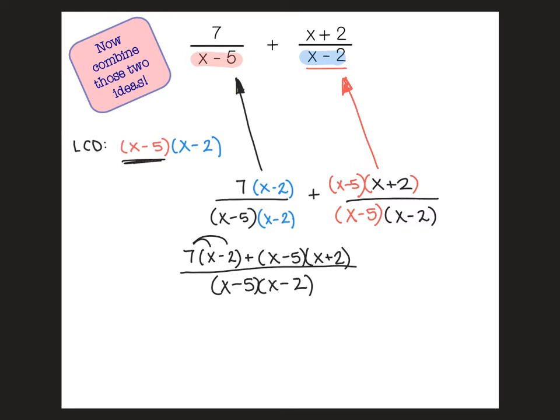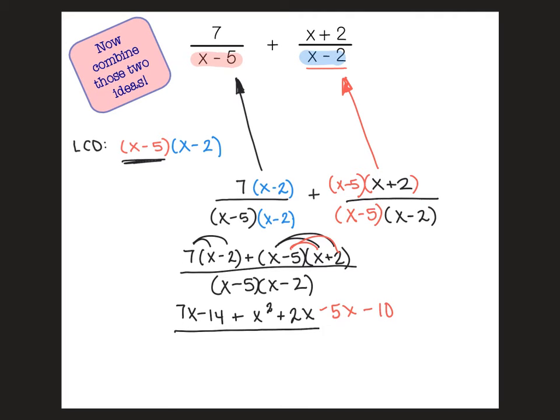So you would distribute your 7, and then you would distribute over here twice. So this would be x times x is x squared, x times 2 is 2x. Negative 5 times x is negative 5x. Negative 5 times 2 is negative 10.